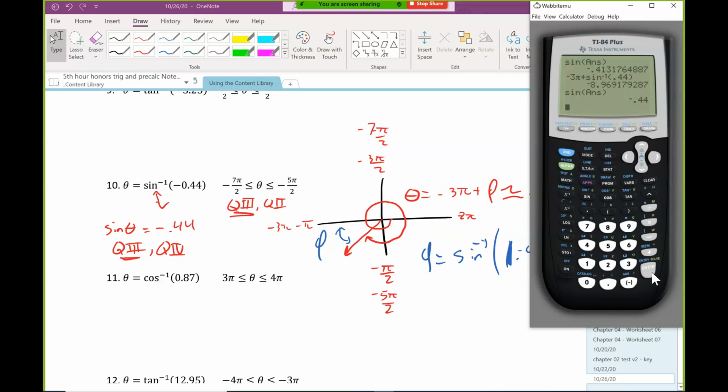The only question is, is it in the right position? So if I take a look at negative 5 pi over 2, this is all just checking, right? That's negative 5 pi over 2, so it's smaller than that. That's good. And then negative 7 pi over 2, and it's bigger than that one, so I'm quite confident I found the correct answer here.